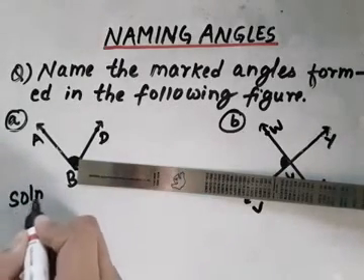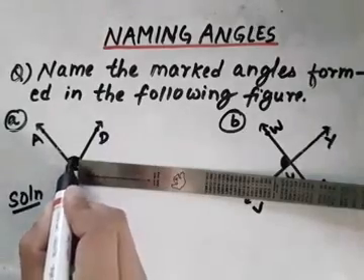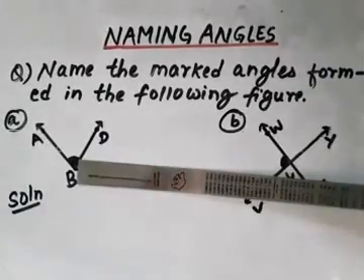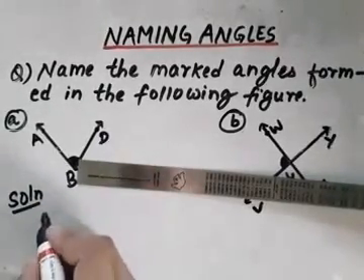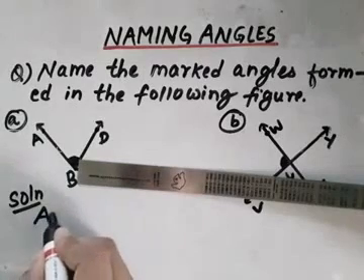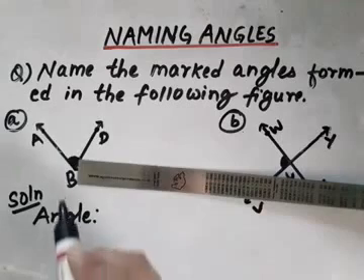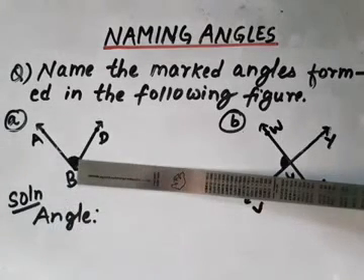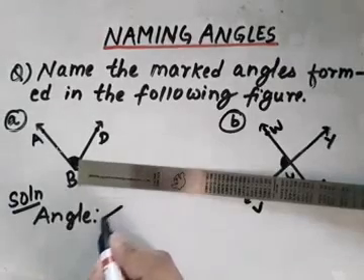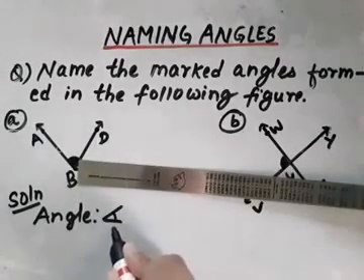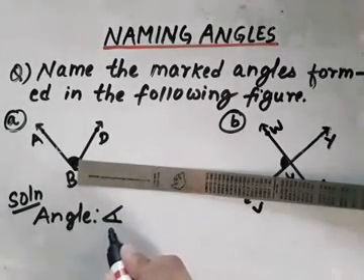So students, let's write its name. As I have already told you, while naming the angle, always you have to use the symbol of angle. This is your symbol of angle.